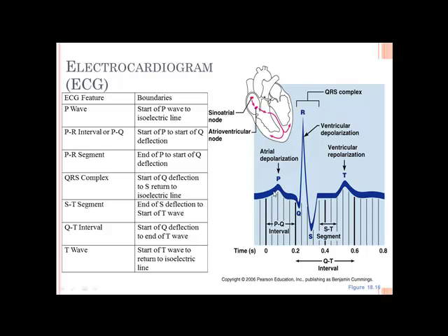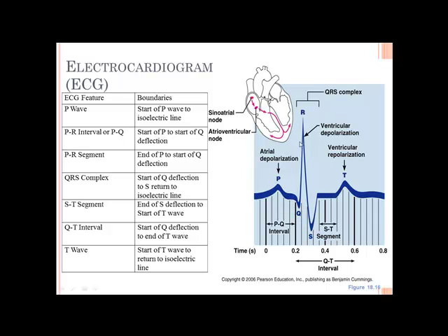Our PR segment is going to go from the end of the P wave to the start of the Q deflection. So a segment is going to be a flat spot, a wave is going to be a bump. So here's our segment right here, the end of the P to the start of the Q deflection. Here's our Q deflection.